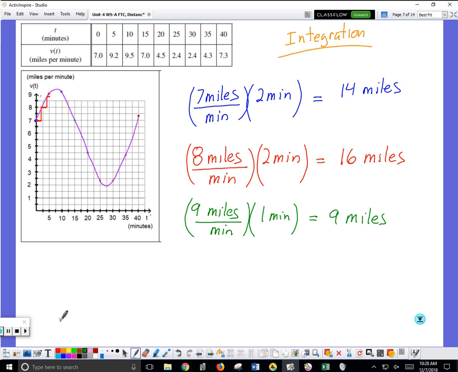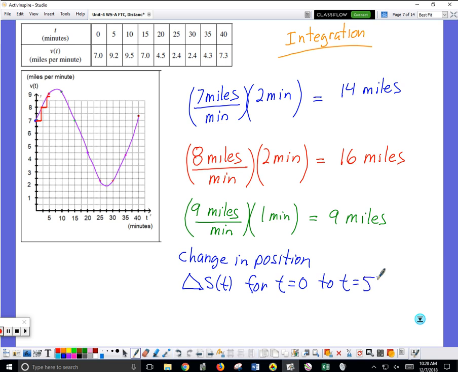So over the 5-minute period, the change in position, the delta S, oh, that's a terrible delta, try that again. So the delta S, the change in position for t equals 0 to t equals 5.